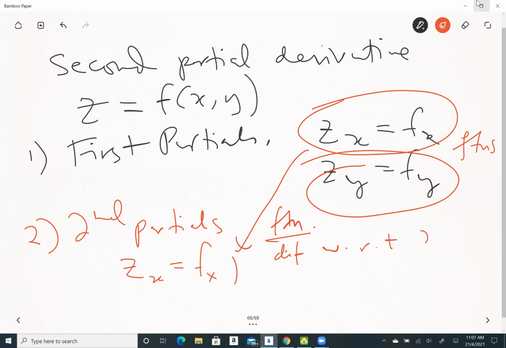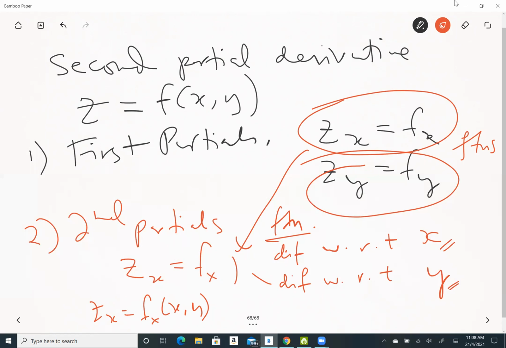With respect to x. It's a function of x and y, so I can differentiate with respect to x, and I can also differentiate with respect to y, because it is a function of x and y.